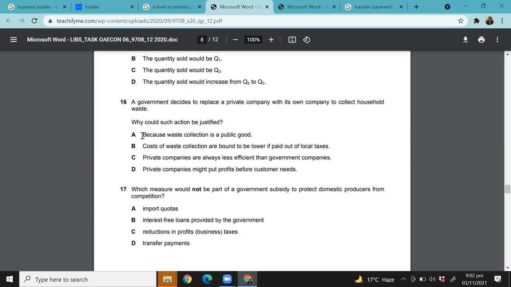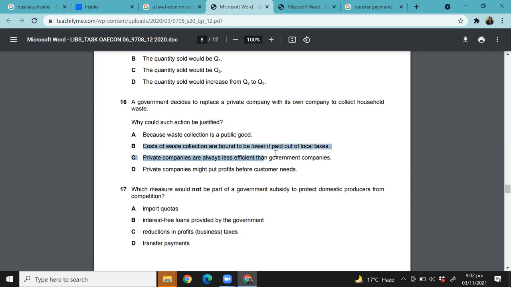Trash collection is a public good. What is a public good? A public good is non-excludable and non-rivalrous, right? So think of defense. You can't exclude anyone from benefiting from it, and everyone gets the same benefits, right? So that is what public good means.